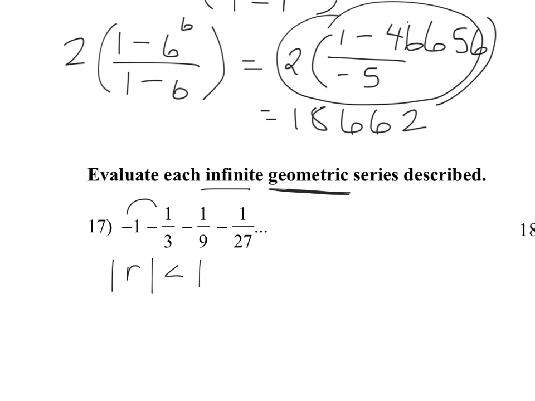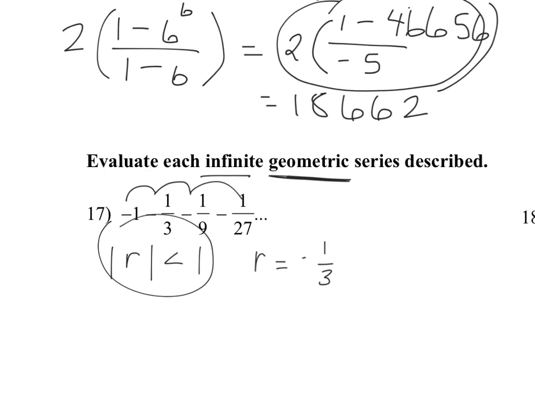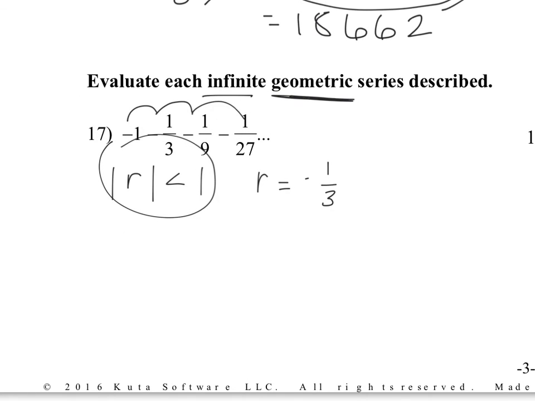So if you look at negative 1 to 1/3 to negative 1/9 to negative 1/27, it appears that r equals negative 1/3, which certainly falls under that category. So if the absolute value of r is less than 1, then the sum of the infinite geometric series is the first term over 1 minus r. First term is negative 1.